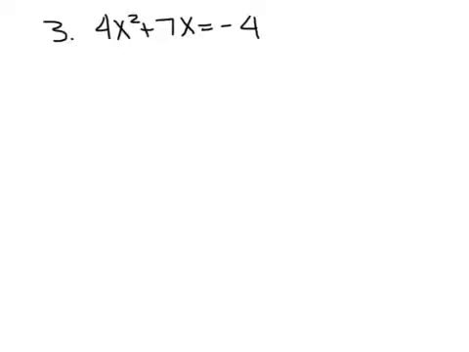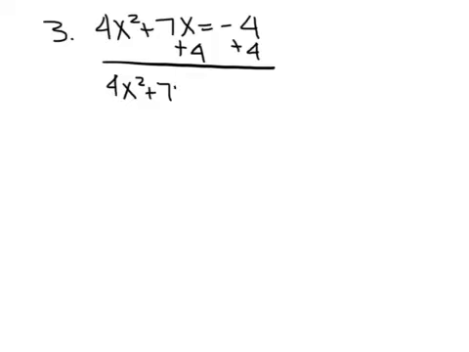Our next problem is not in standard form. What do we need to do for this problem before we use the quadratic formula? Caleb? You need to put the negative 4 on the left. Yeah. 4x squared plus 7x plus 4 equals 0.